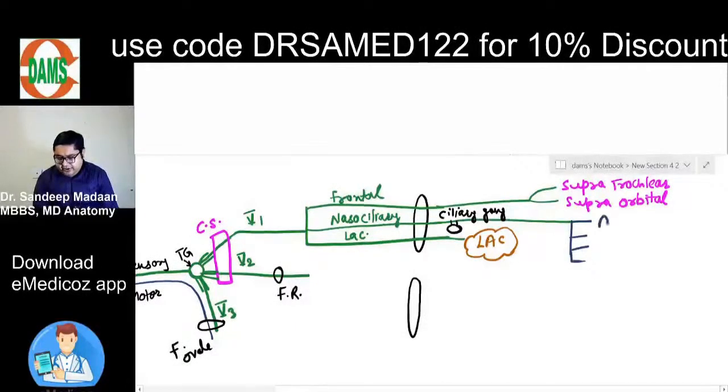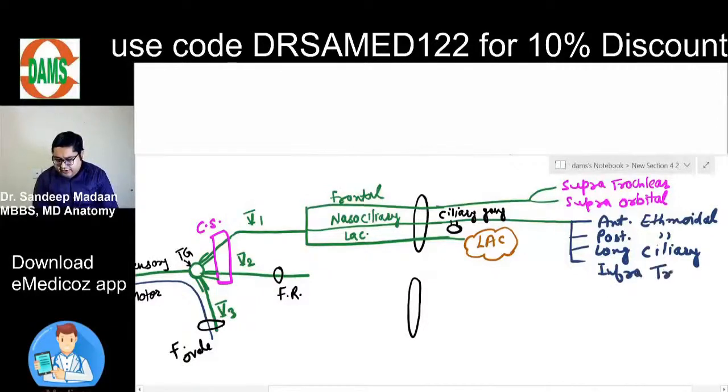The continuation of the nasociliary nerve is in the form of the anterior ethmoidal nerve. It will also give the posterior ethmoidal nerve, along with that long ciliary nerves and infratrochlear nerves.